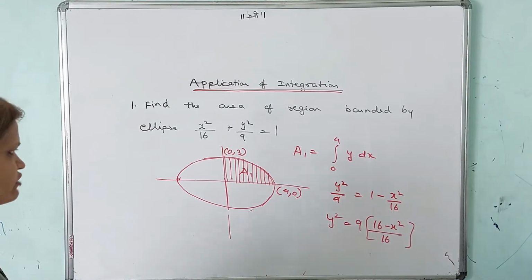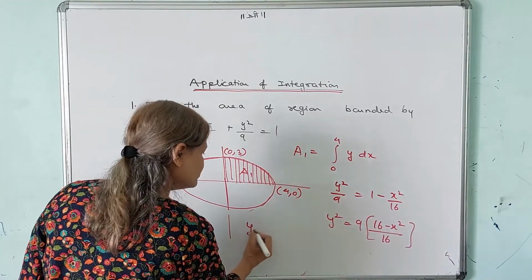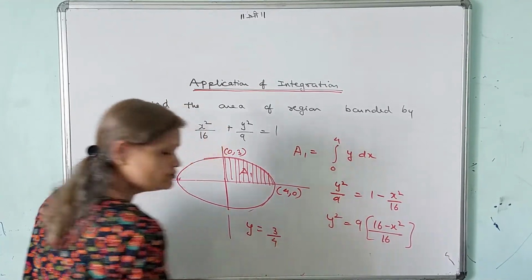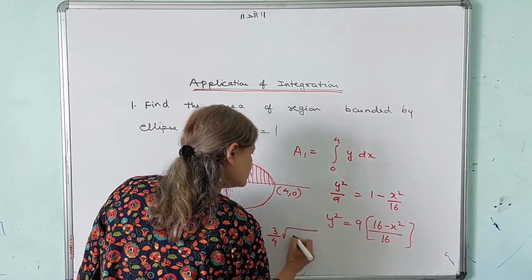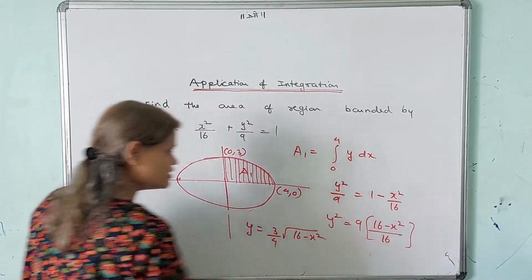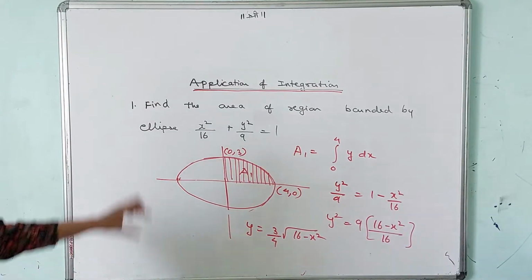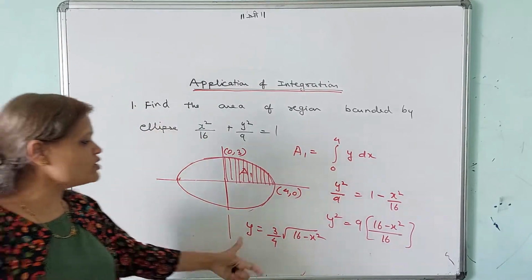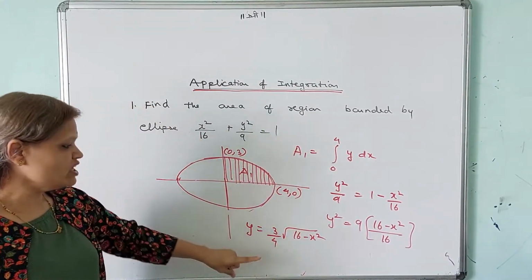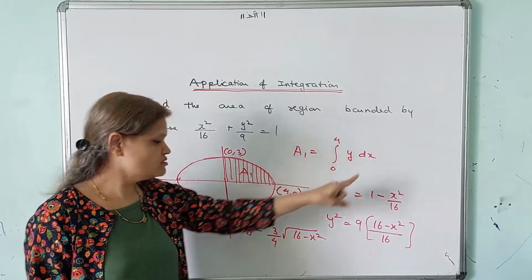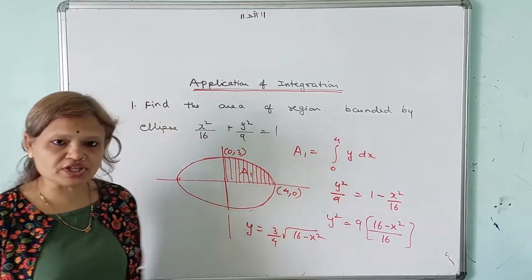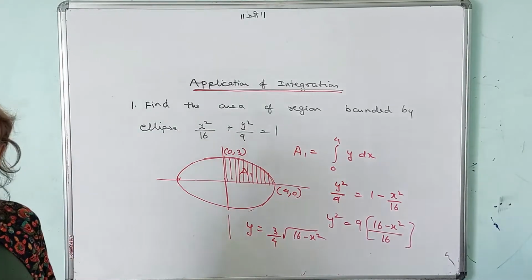We'll take the square root and we will get y. So y will be 3 by 4 under root 16 minus x square. Okay, so whatever curve is given, you have to find y of that. Then we integrate y dx. We'll substitute y as this. We'll do the integration and then we'll substitute the limits.